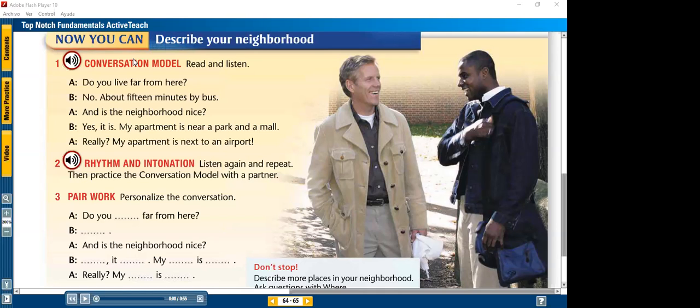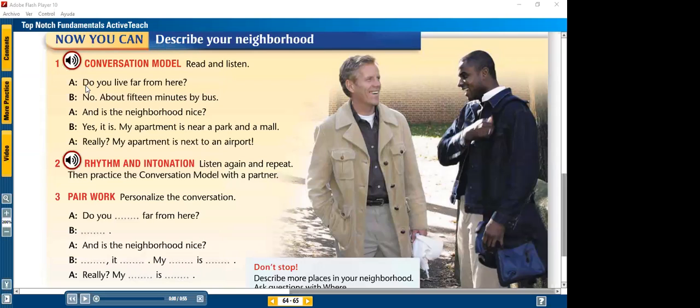What is your answer? ¿Cuál sería tu respuesta, Gabriela? You can say yes or no. Puedes decir sí o no.